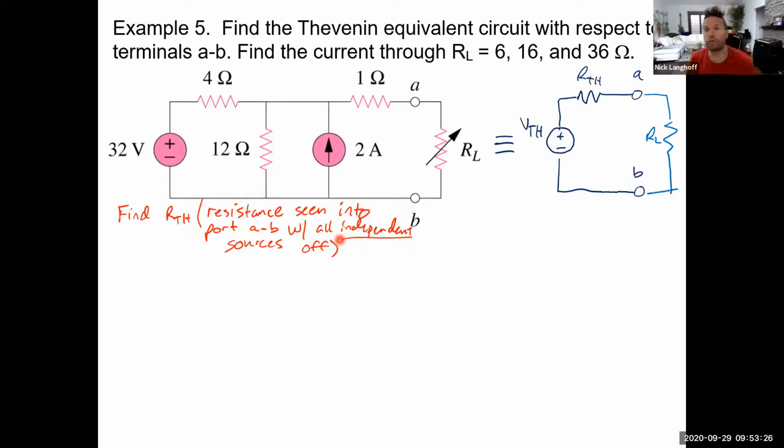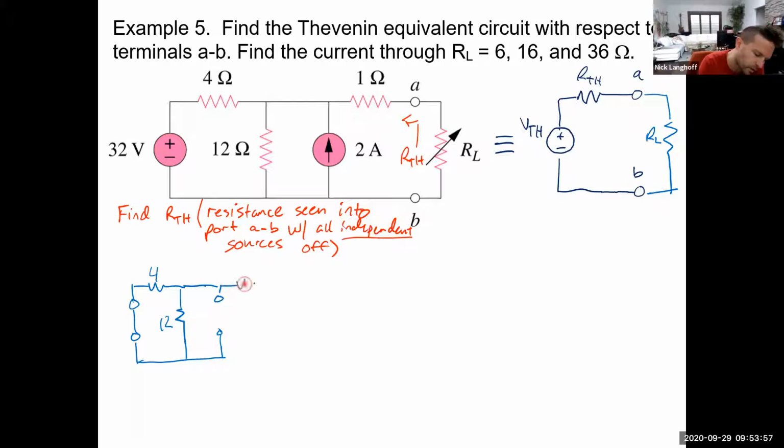Okay, so let's go ahead and redraw the subcircuit. If you wanted to visualize that, that's what this looks like here. It's R Thevenin looking into that port. So we're going to short the voltage source, turn that off. Here's the 4 ohm resistor. Here's the 12. Here's the current source where it was.